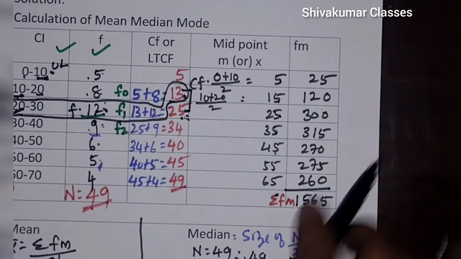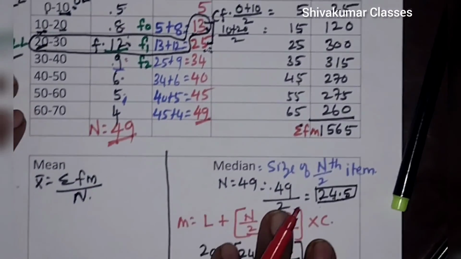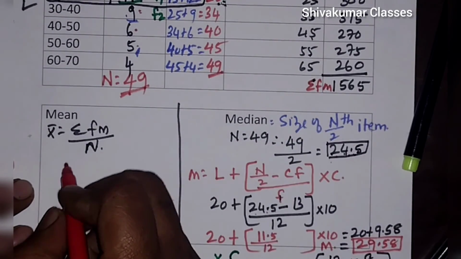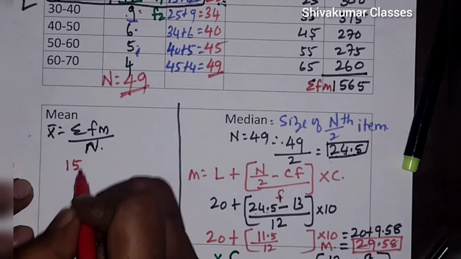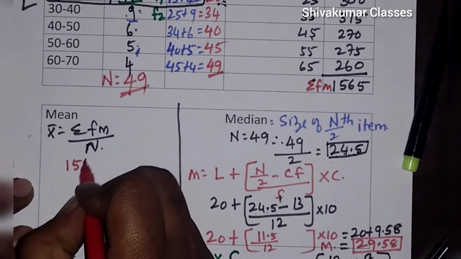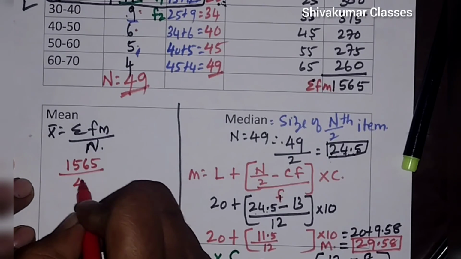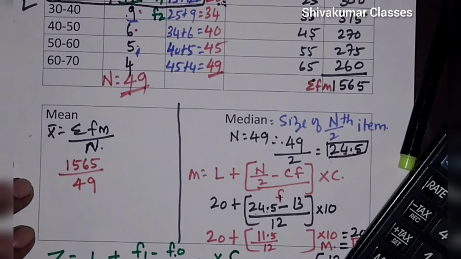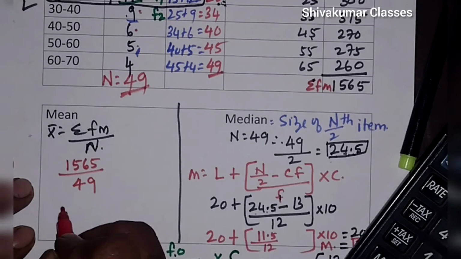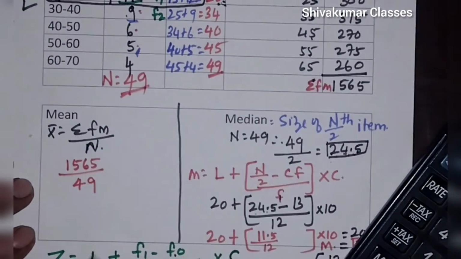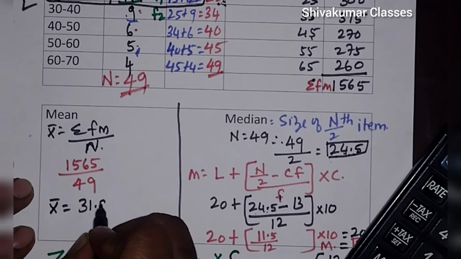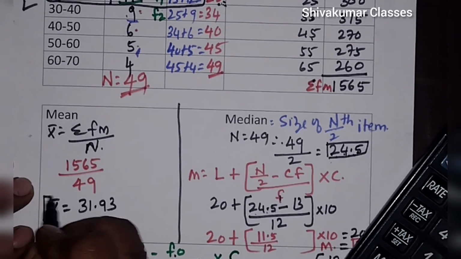Now we apply the formula: x bar is equal to summation FM divided by n, that is 1565 divided by 49. The final answer we get is x bar equals 31.93.